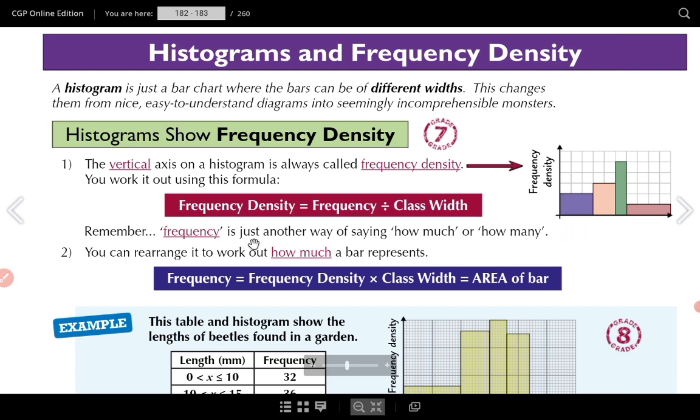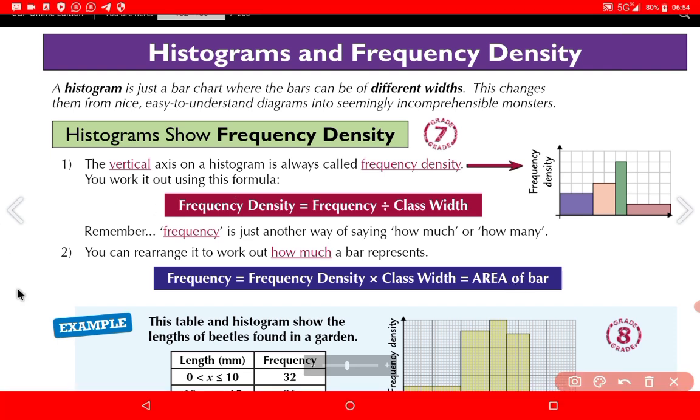So remember, frequency is just another way of saying how much or how many. So you rearrange to work out how much. So the frequency is given by the formula frequency density times the class width, which is the same as area. So when you want to find the frequency for a histogram, it is just the area of the bar.